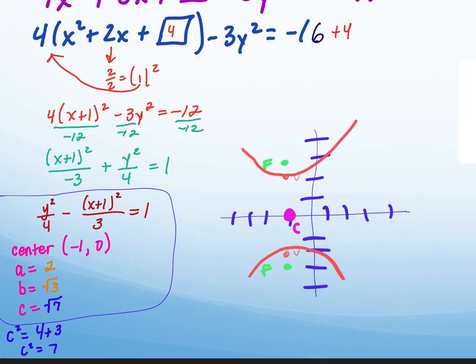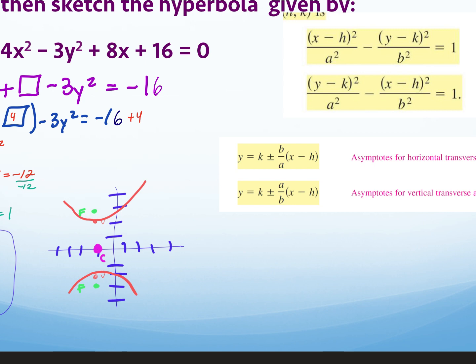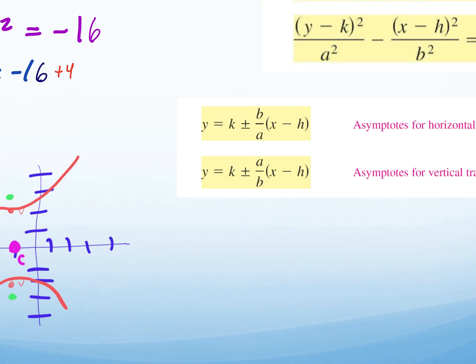Because if I go over here and I look at the equation of the asymptote, how do I figure out which one I use? How do I know which equation to use? I'm going to do the one that's vertical because my hyperbola is what? Vertical. So I'm going to write down, okay, y equals k plus or minus a over b times x minus h.